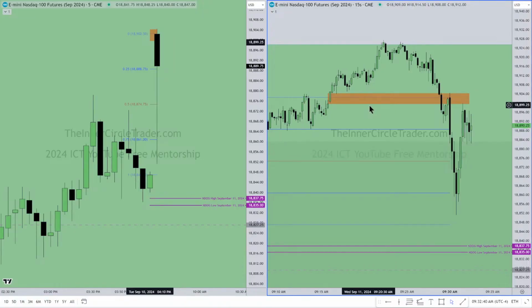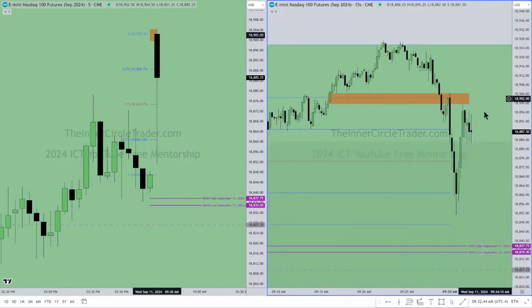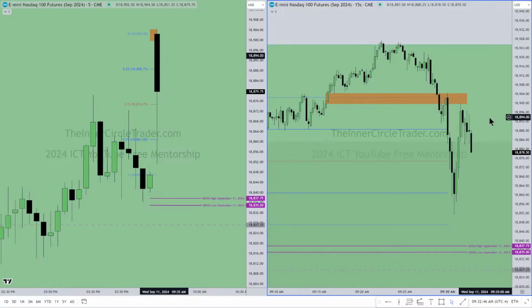So if you see the little shaded area here that's a little darker than the other area up here, that is the top of an inefficiency on a higher time frame chart. So I'm watching that to see if there's any kind of interest in using that level in addition to this inefficiency right there.